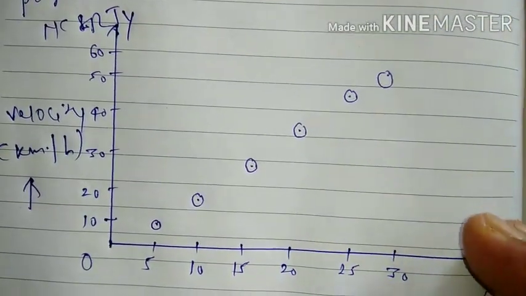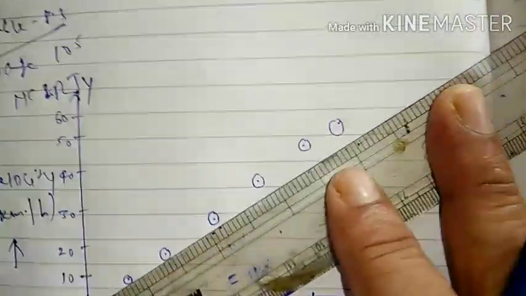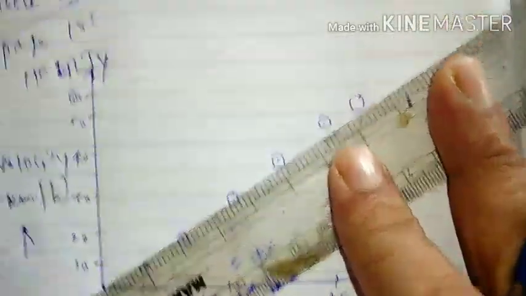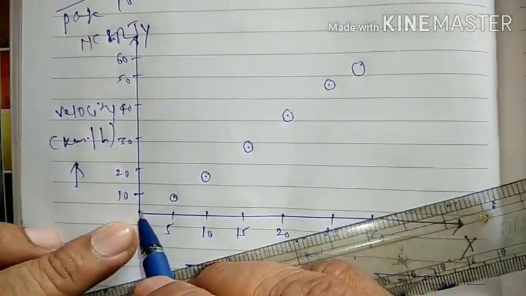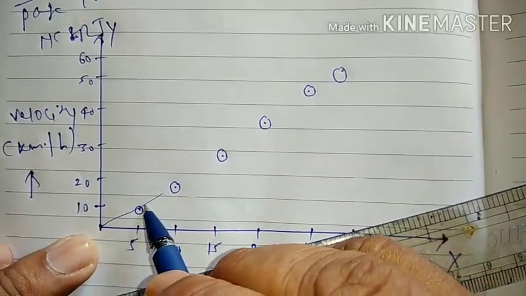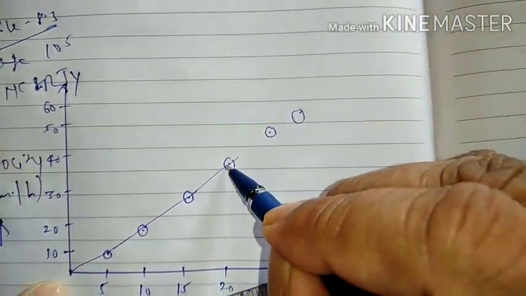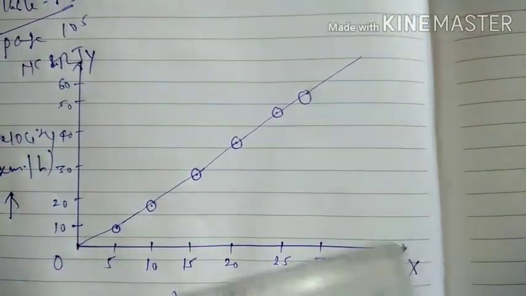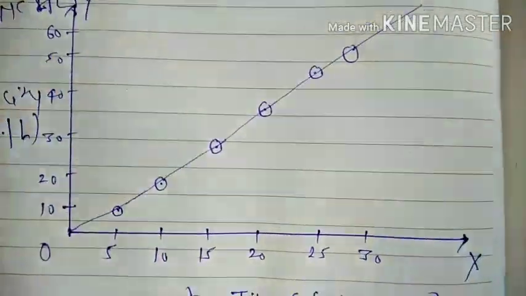So when we join all these points, what do we find? We find a straight line. We had seen that if the velocity time graph is a straight line, then it is uniformly accelerated motion.